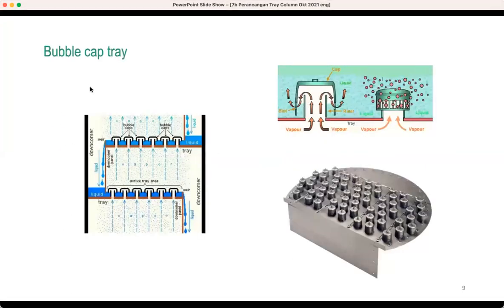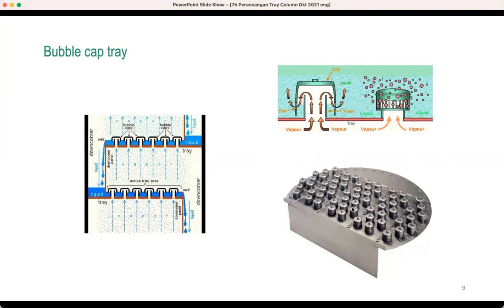Okay, this is the bubble cap tray, where you have some caps, which the vapor can go inside, and then the cap will prevent liquid weeping, or called liquid dripping. It also helps ensure all the vapor will be distributed into the liquid.